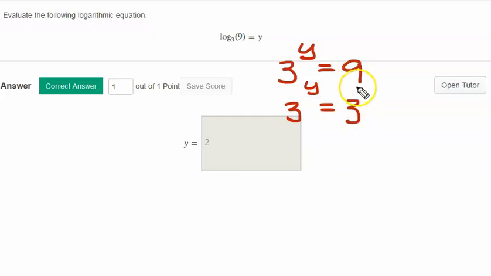Yes, 3 to the second. So our bases are the same, so our exponents then equal each other. Y is 2. And again, you can just guess 3 to what power is 9? 2. Again, a variety of ways.